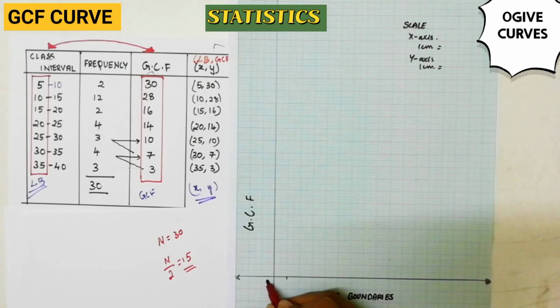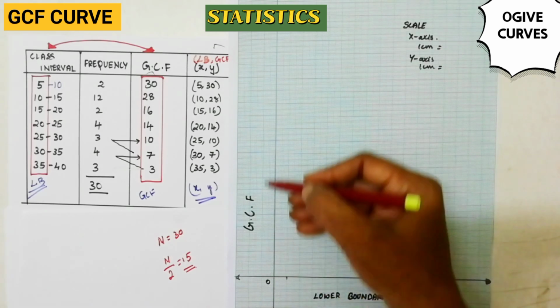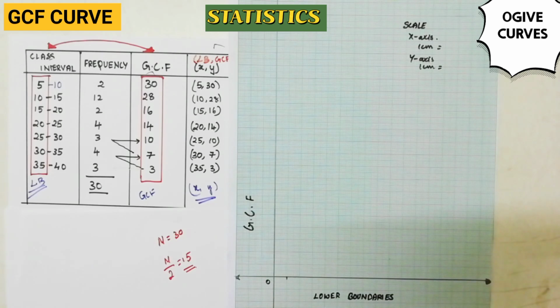So we will be taking on x-axis lower boundaries, on y-axis GCF, and scale to be written. Lower boundaries vary from 5, 10, 15, 20, 25, 30, 35, 40.